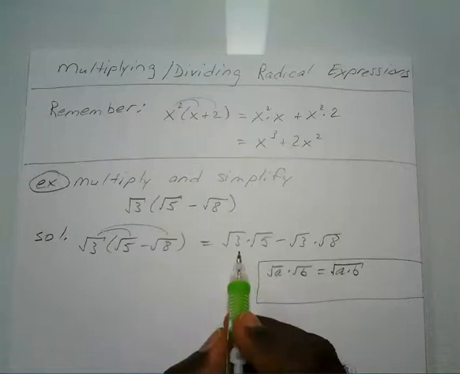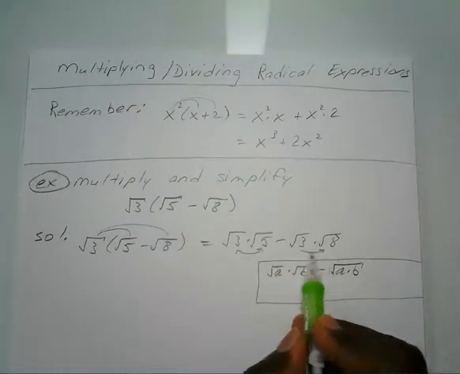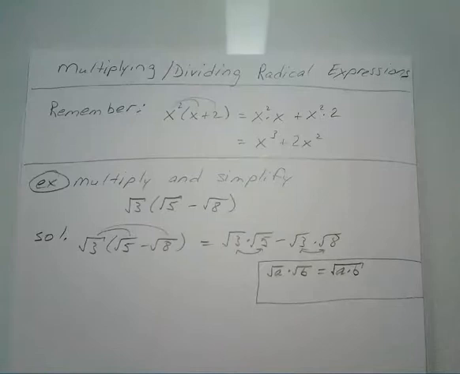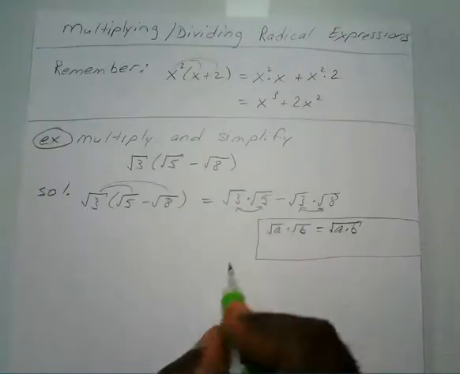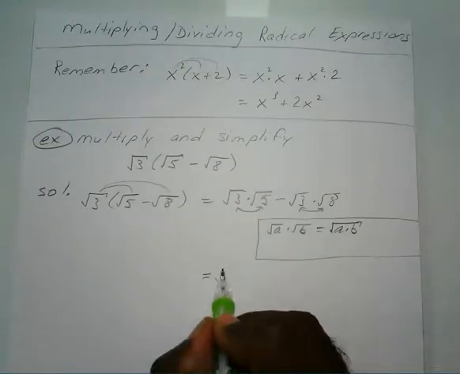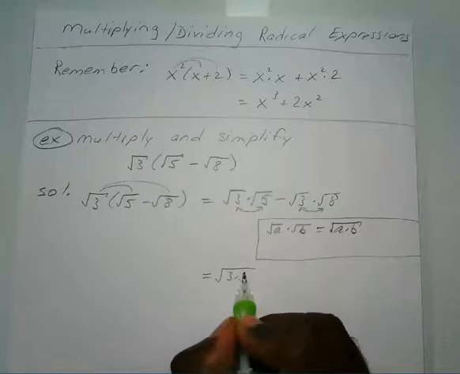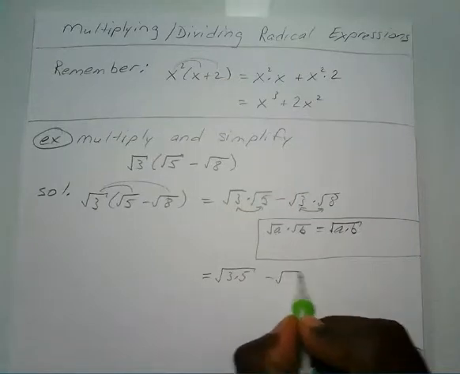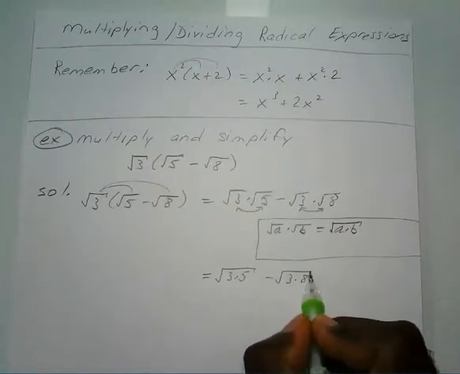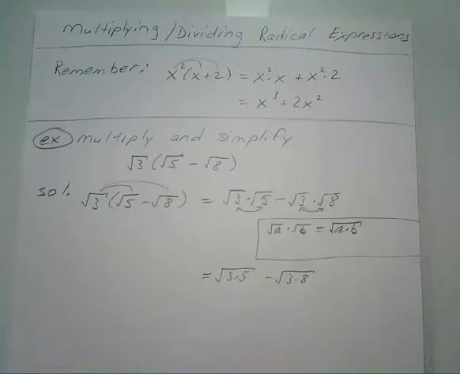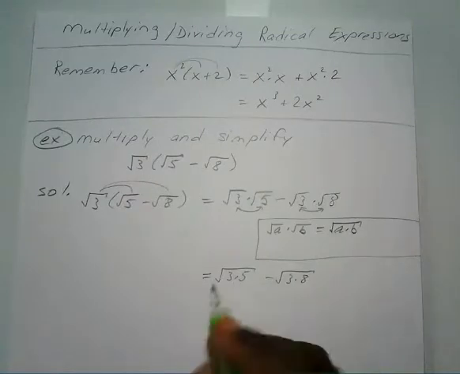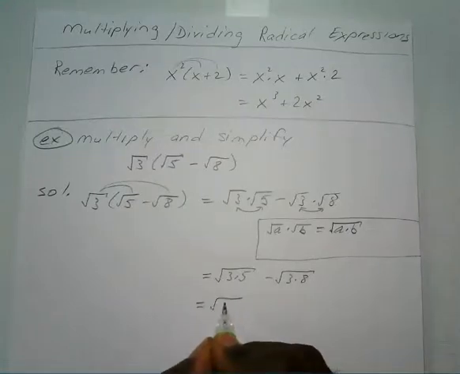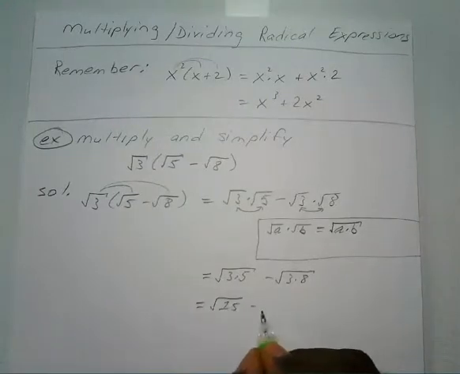Okay, so that means you can combine these two, and you can combine these two. Okay, so that will become square root of 3 times 5 minus square root of 3 times 8. Okay, so that's square root of 15 minus square root of 24.